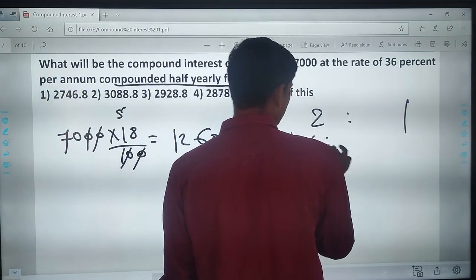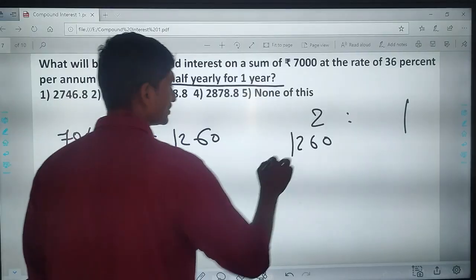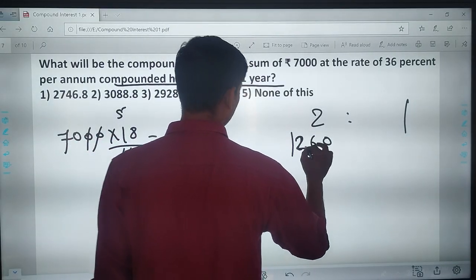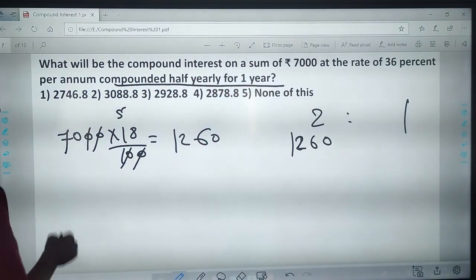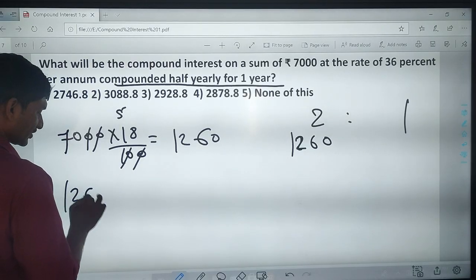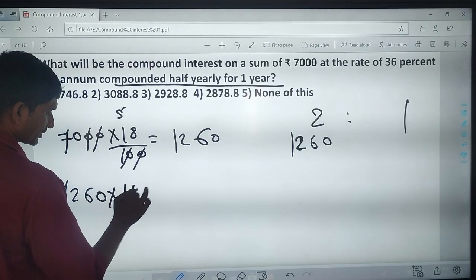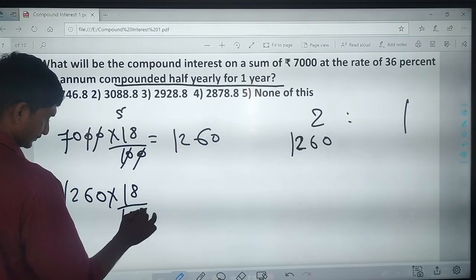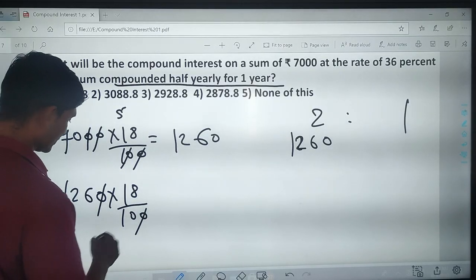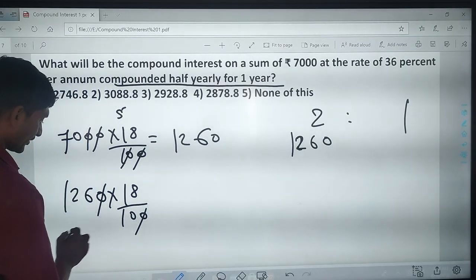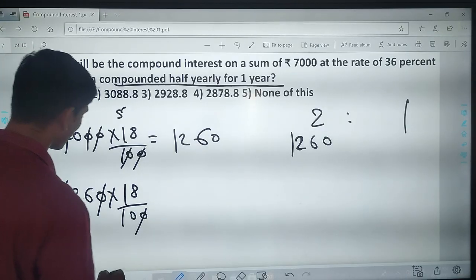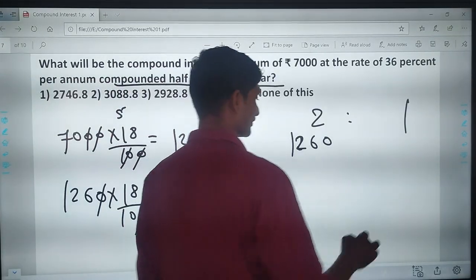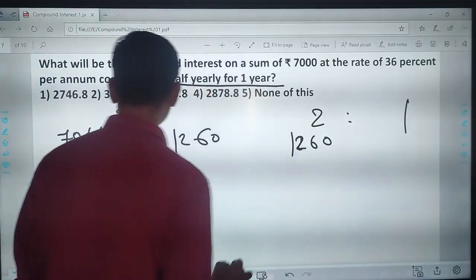One two six zero. Now here we get 18% of 1260. 0 gets cancelled. Now here we take a multiplication of these two, 126 into 18.